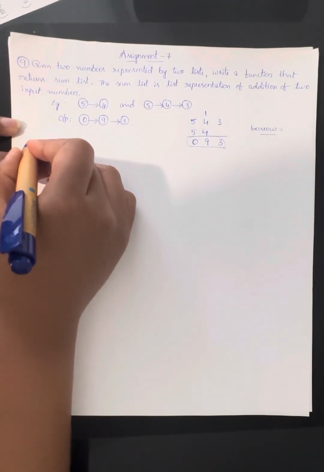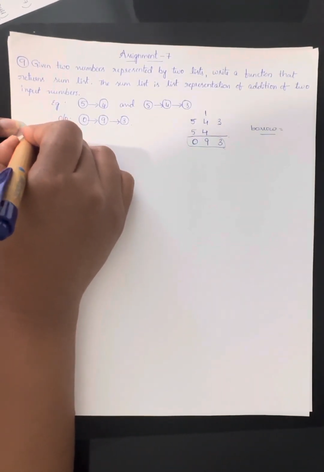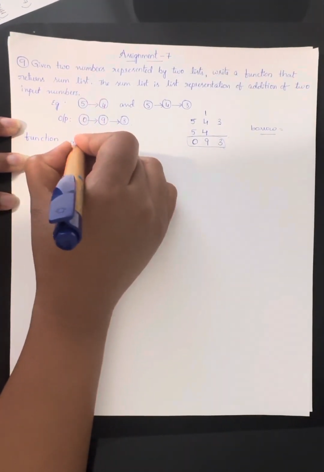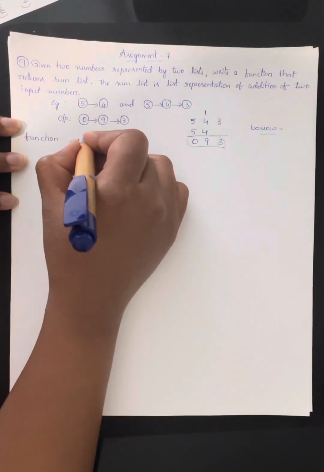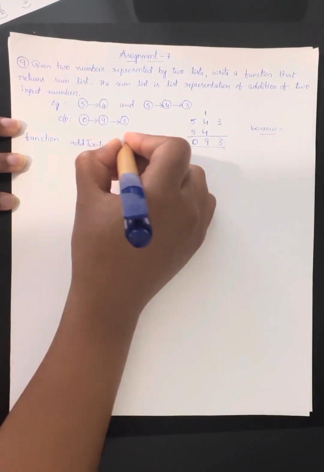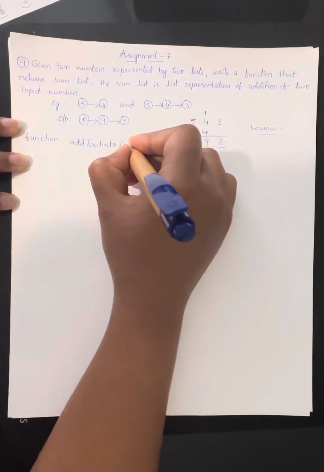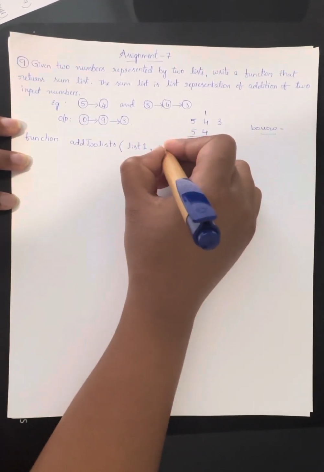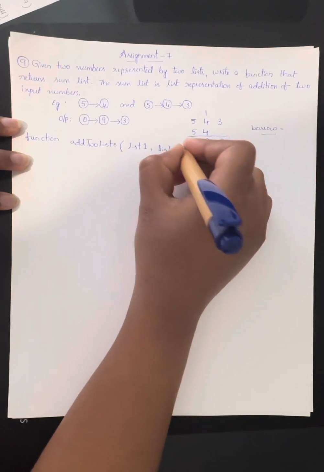So let's write the function. Function add two lists, and the inputs for this are the heads of the two lists, list 1 and list 2.